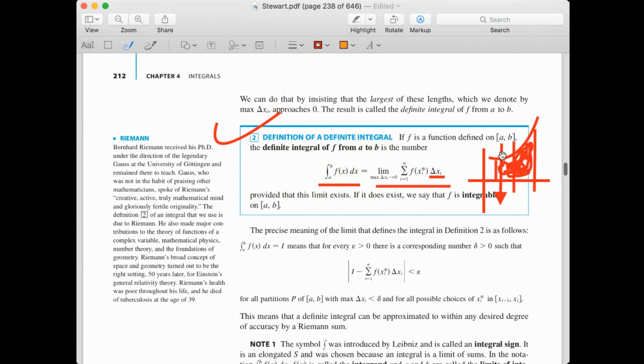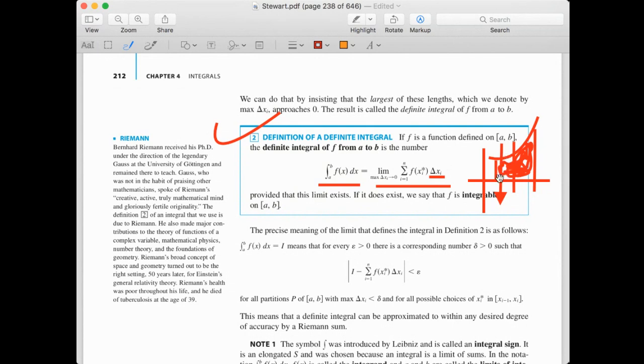Then we multiply by the height. The height depends on the chosen point. We can approximate using the left point, the right point, or the middle point. So x star means the chosen point at which to evaluate the function value f.